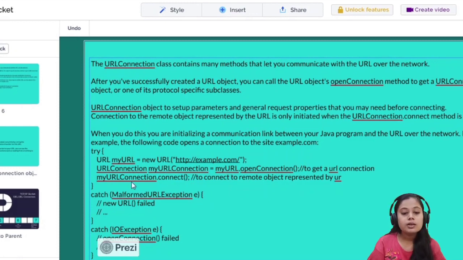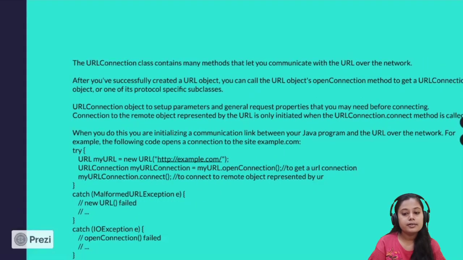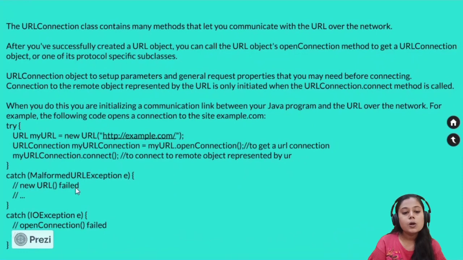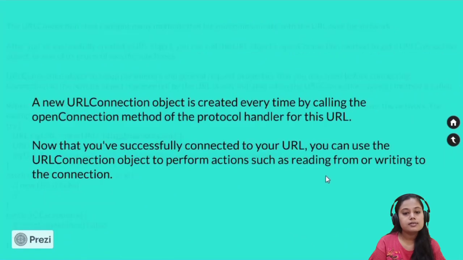Then we call the connect method on this object in order to connect to a remote object represented by the URL. Also, we catch the MalformedURLException and the IOException in case any exception occurs.